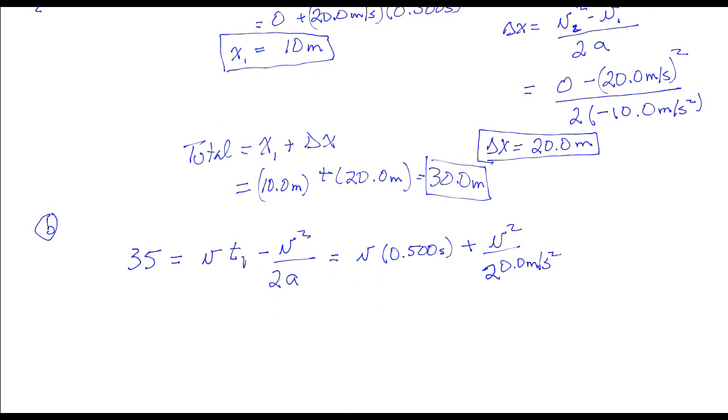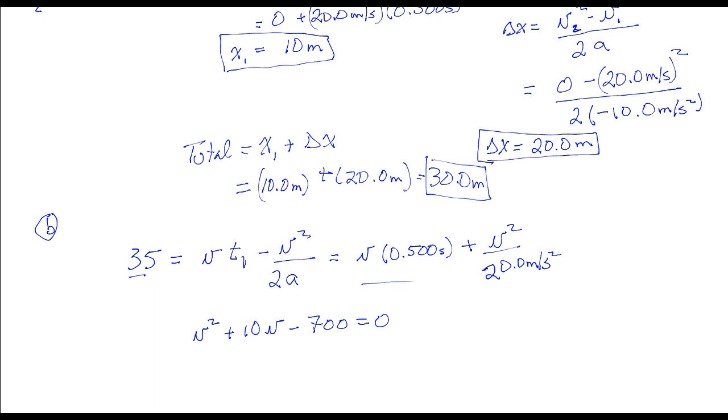This, if you notice, is actually a quadratic. I'm going to rearrange this equation, and we can write it as v squared plus 10v minus 700 is equal to 0. You can verify that, rearrange the equation, and you should be able to put it in that form.